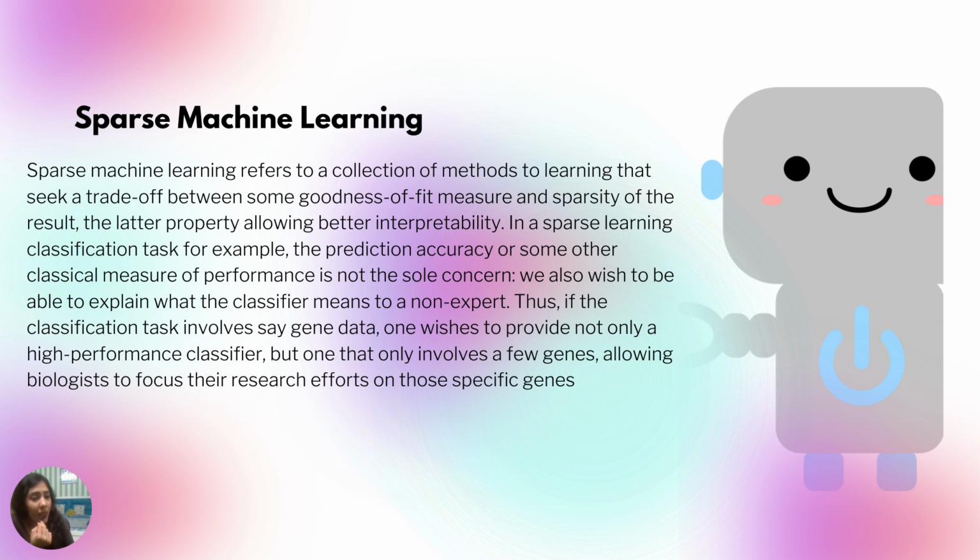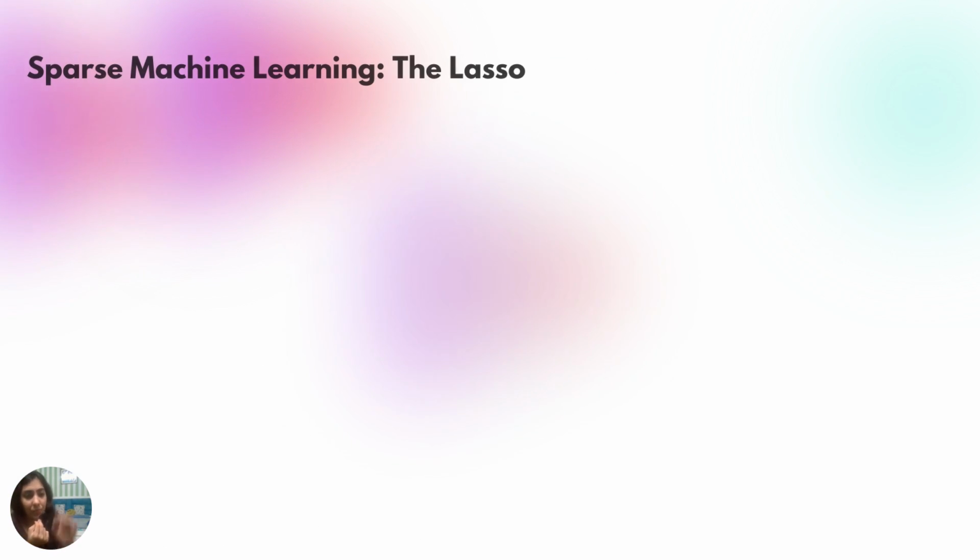We also wish to be able to explain what the classifier means to a non-expert. Thus, if a classification task involves, say, gene data, one wishes to provide not only a high-performance classifier, but also one that only involves a few genes, allowing the biologist to focus their research efforts on those specific genes.